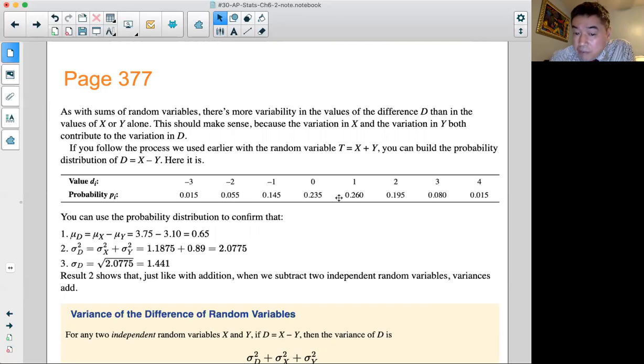And you add everything up, and that will come to 2.0775, and take the square root of it. It becomes 1.441.